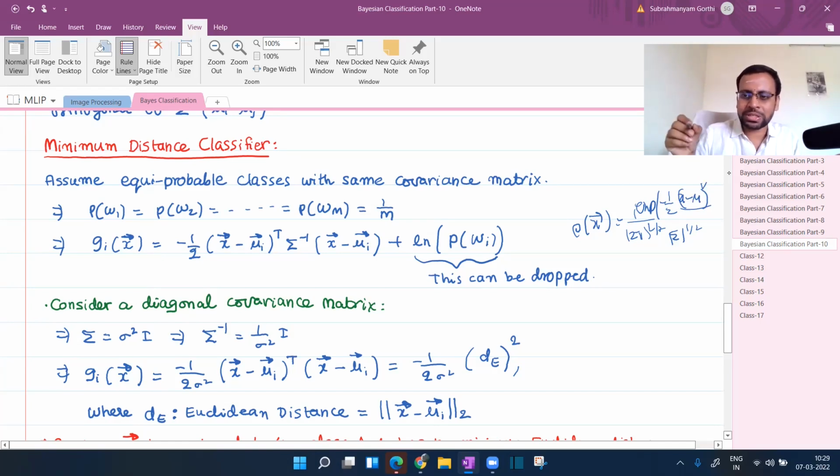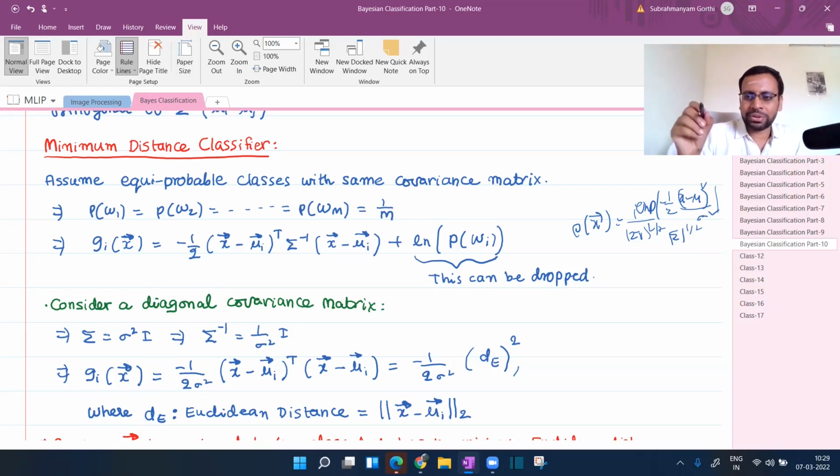If it is an L dimensional space with a covariance matrix, that is nothing but (x minus mu) transpose into sigma inverse. The sigma square is nothing but sigma inverse, since it's a covariance already. So this is the likelihood, into probability of omega I.